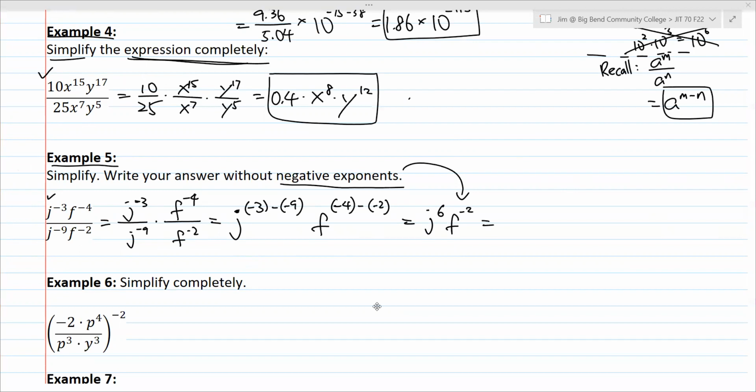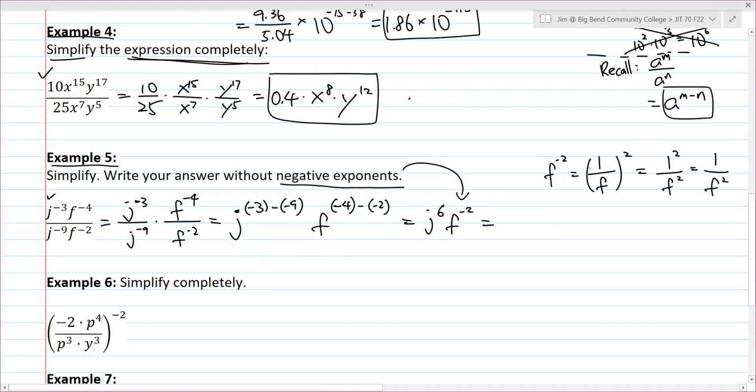And how does it work? Well, keep in mind that if you have something to the negative exponent, then that equals 1 over the number to the positive exponent, right? So that interestingly equals 1 over f to the 2, because 1 to the 2 equals 1.